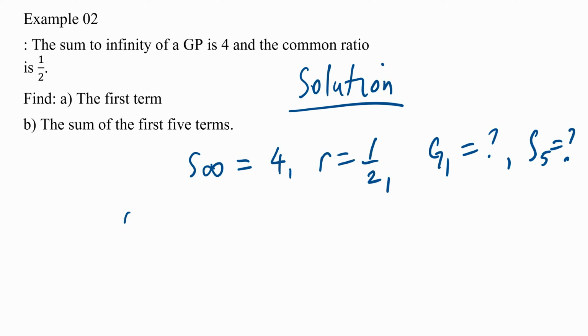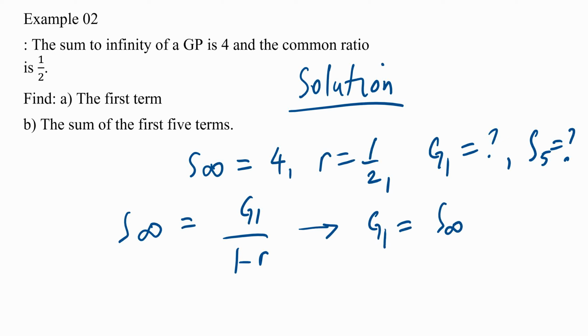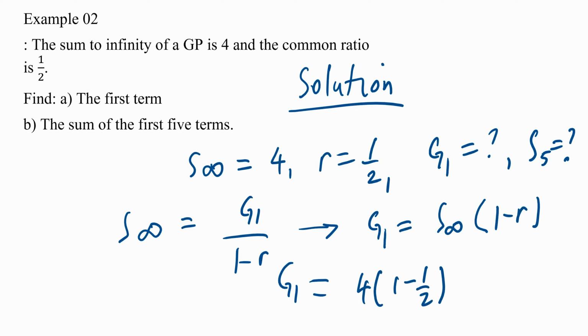So we can say that the sum to infinity equals g1 over 1 minus r, and from here g1 equals the sum to infinity multiplied by 1 minus r. So g1 will be equal to 4 in the bracket 1 minus a half. You have 4 times a half, which is equal to 2.